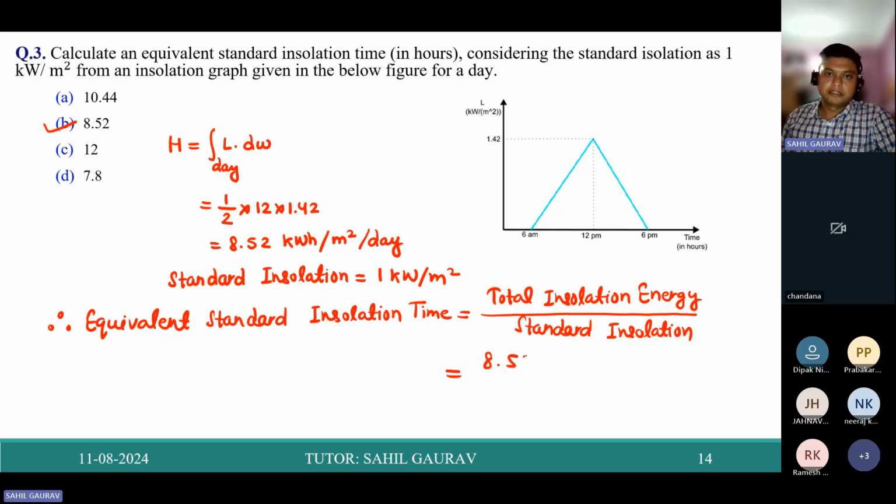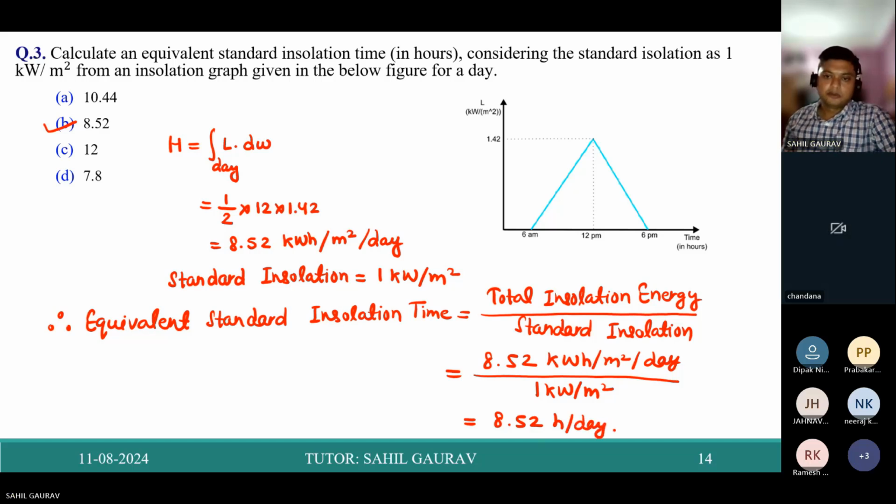So it is 8.52 kilowatt hour per meter square per day upon 1 kilowatt per meter square. So the answer is 8.52 hours per day. You have to play with the units also. Here they are asking for the equivalent standard insolation time in hours, so it is 8.52 hours.